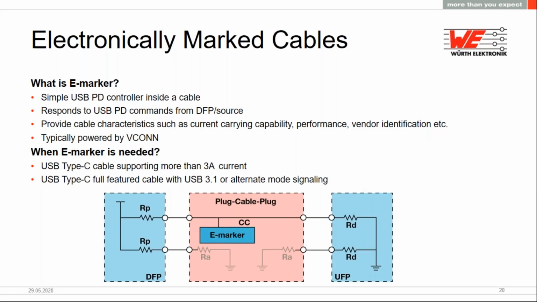It can also provide other characteristics such as current carrying capability, provide vendor information, as well as do performance identification. Now, E-markers are always recommended, but particularly needed when we have an application that is supporting more than 3 amps of current, or a Type-C fully featured cable with USB 3.1, or if we are operating under alternate mode signaling, it is always recommended to have E-marker cables.